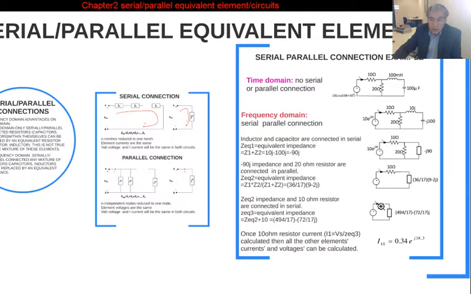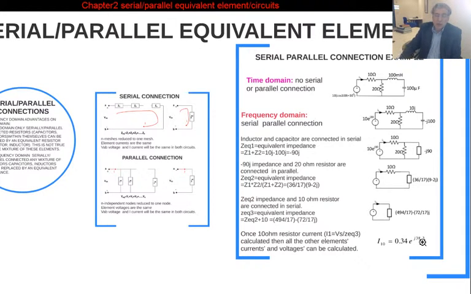This current is going to be the same as this current because of these equivalencies. So after doing that serial parallel replacement, we can easily find this current. The independent voltage source is 10 e to the power j30 degrees, and over this impedance, you can find that current.